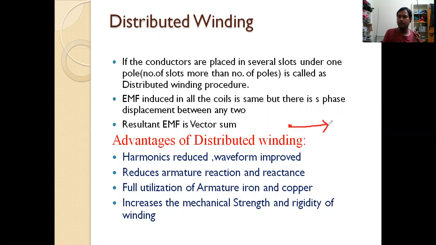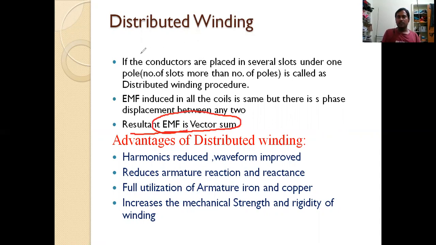This is one slot's induced EMF and the next slot's induced EMF. There is a small angle, or phase shift, in the distributed winding. And the resultant EMF is the vector sum, as already discussed.